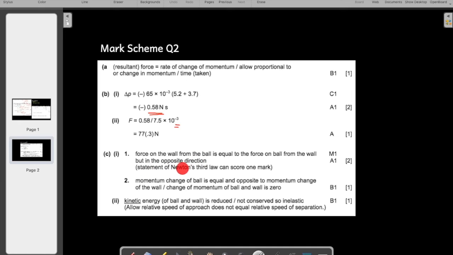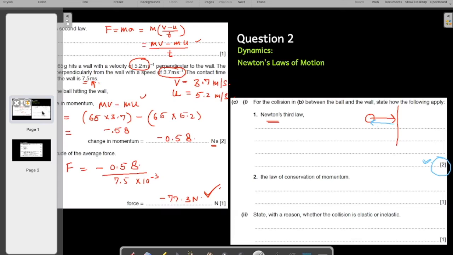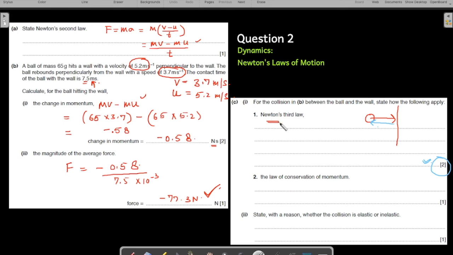If you're just mentioning Newton's third law of motion, you just get 1 mark. If you say Newton's third law of motion says that forces exist in pairs, they are equal and opposite, if you just mention the third law, you'll not get the marks. You have to apply the third law of motion in this particular concept, and you have to talk in terms of ball and wall, because they are clearly asking how the law applies in this particular case.